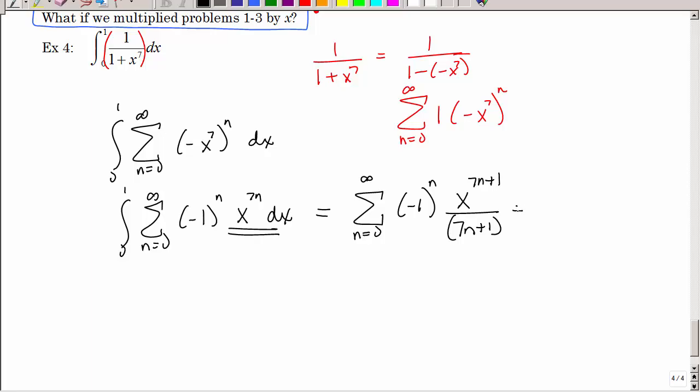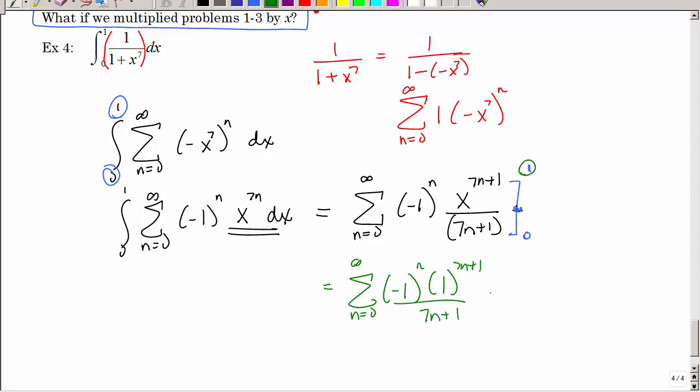And now I would say plus c, but wait, this isn't plus c, this is a definite integral. So I need to evaluate this between 0 and 1. How do I do that? Just like I always do. I'm going to put 1 in for x, and then I'm going to subtract when I put in 0 for x.